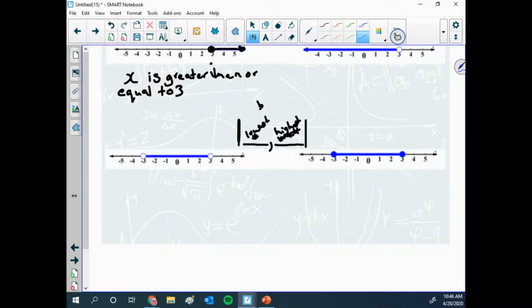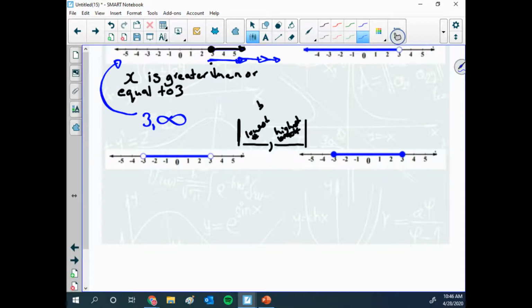For this one, x is greater than or equal to 3. Well, what's the lowest number we can be on this number line? The lowest number we can be is 3, comma, the highest number we could be, well, if it just goes over and over and over, that means we can go all the way up to infinity. So to represent this in interval notation, it's 3, comma, infinity.